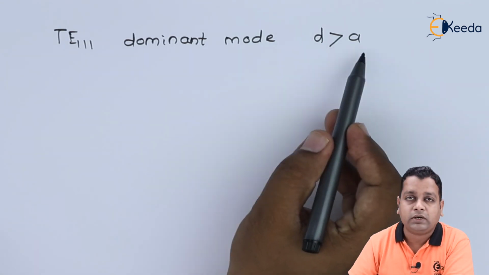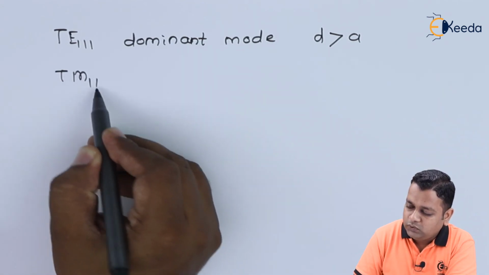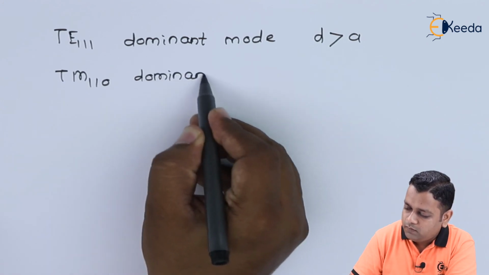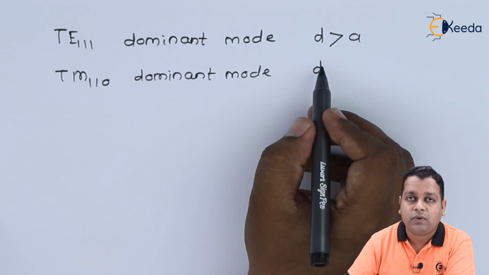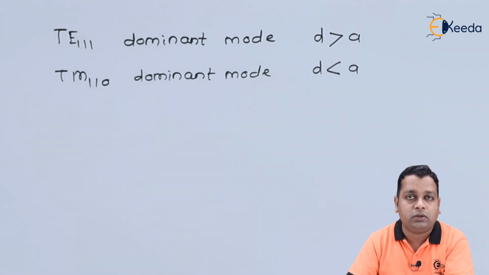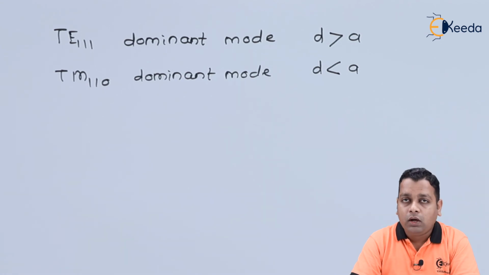So it is d greater than a, and we have TM suffix 110 to be the dominant mode when the length of the cavity resonator is less than the radius of the semicircular cavity cross section here. So this was all about the semicircular cavity resonator.